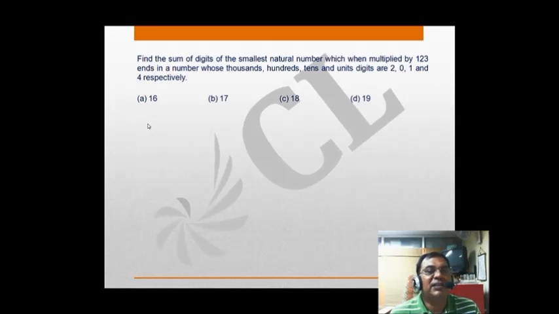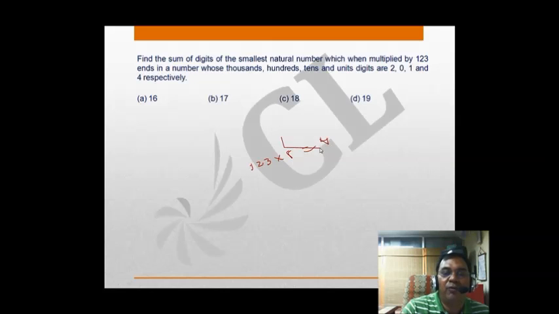Find the sum of the digits of the smallest number, which when multiplied by 8 ends in a number whose thousands, hundreds digits are 2014 respectively. So I know the last digit 3 into 8 will give me 4. After that, no, I'm not doing it.